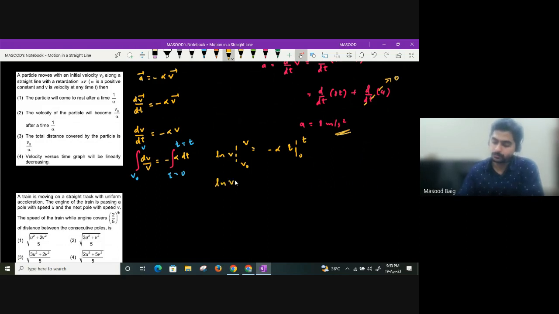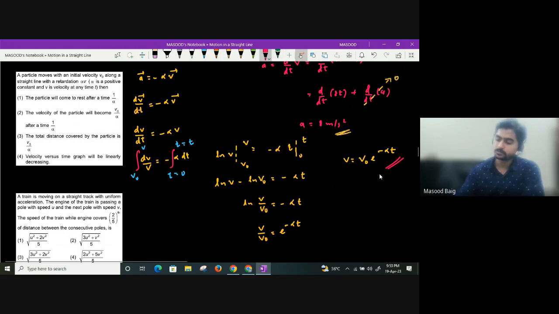So ln of v minus ln of v naught will be equal to minus alpha t. ln of v by v naught is minus alpha t. So v by v naught can be taken as e power minus alpha t, and so v equals v naught e power minus alpha t. This is how velocity will vary, guys.